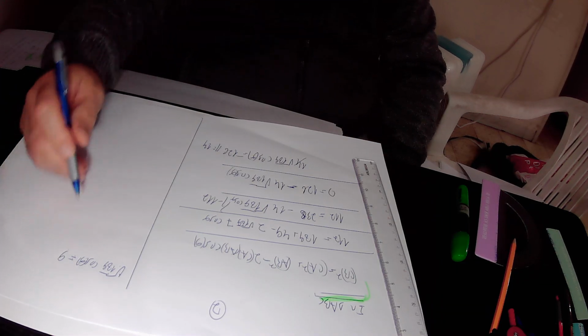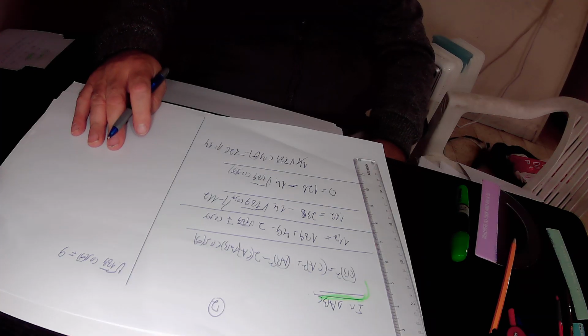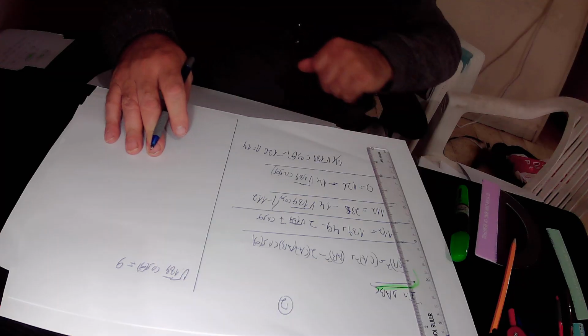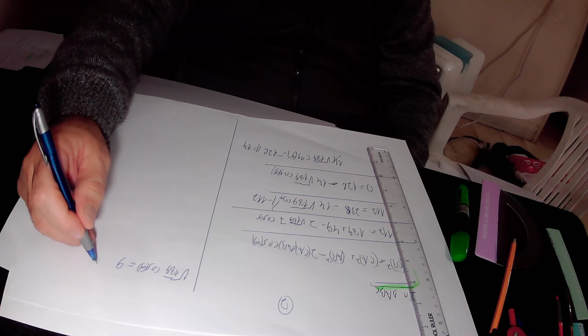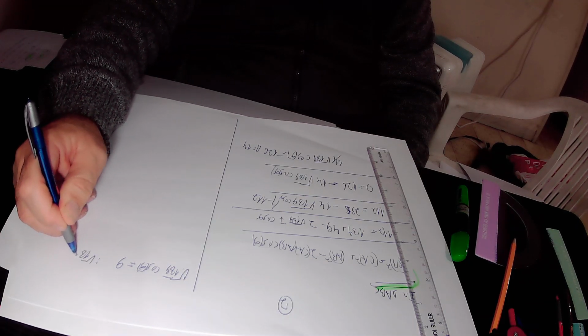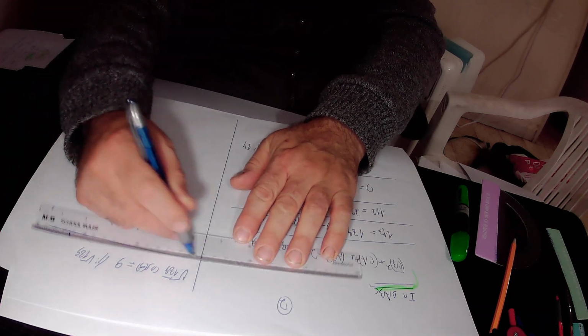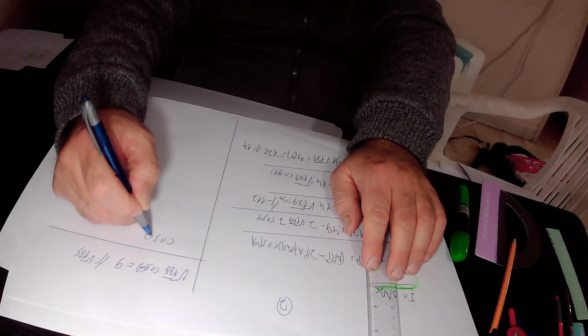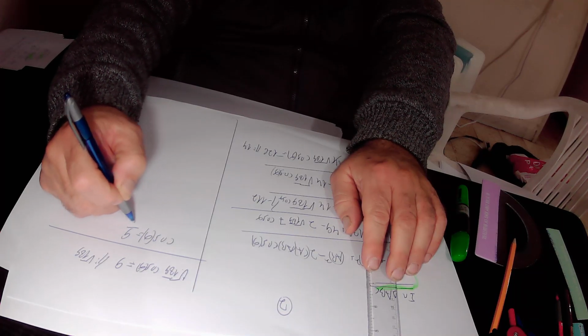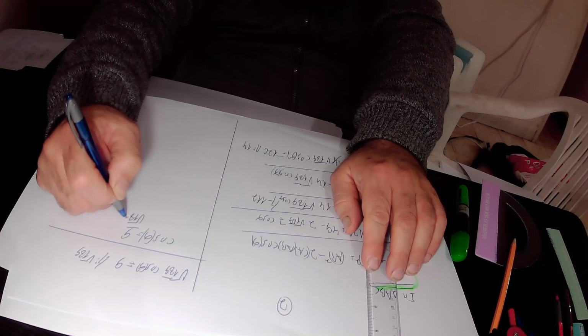So in total we found out that square root of 189 times cosine alpha equals 9. Here we divide this equation by square root of 189, and we get that cosine alpha equals 9 over square root of 189.